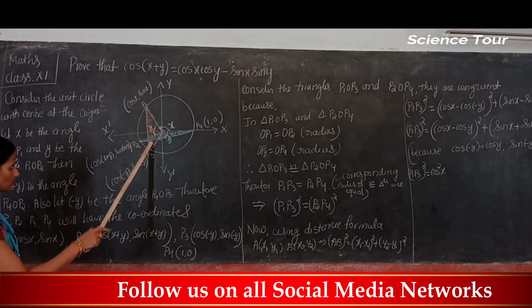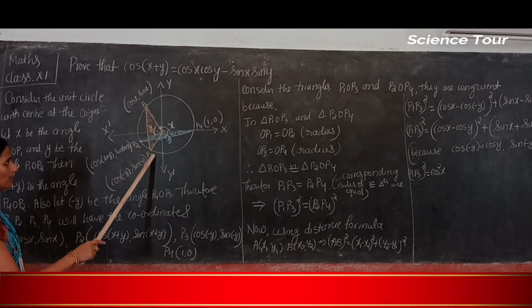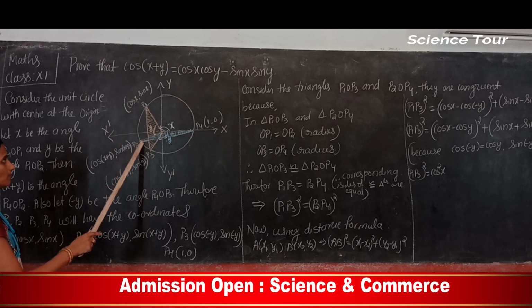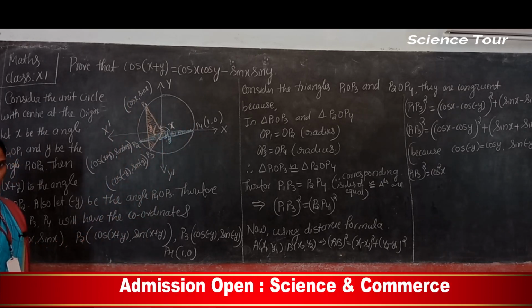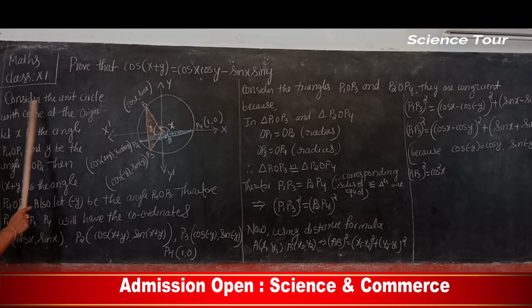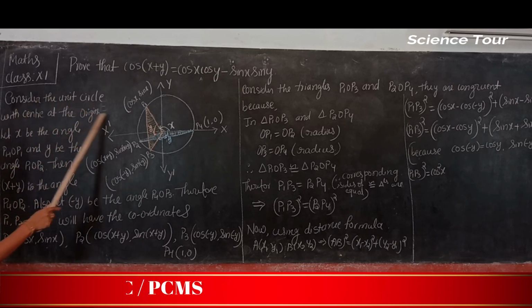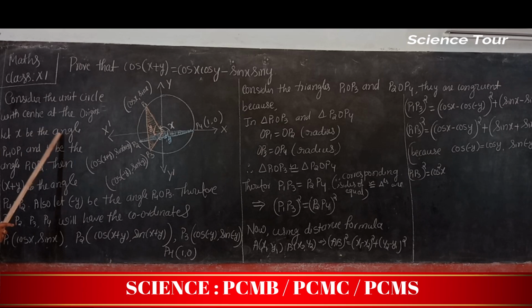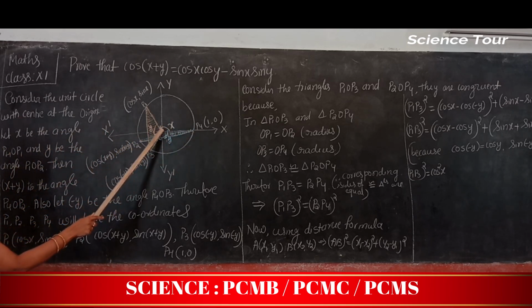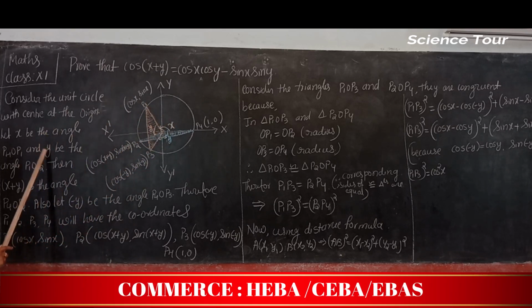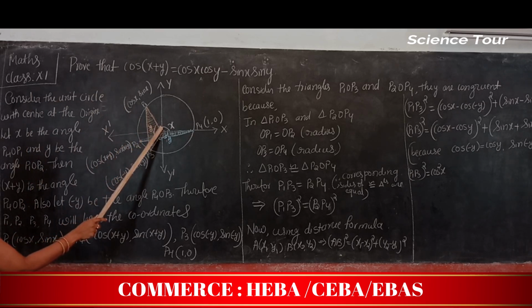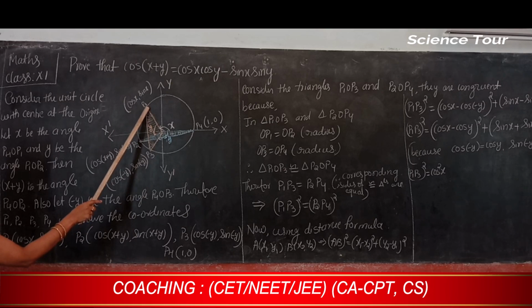So this is the first angle. P1 and P3, these 2 points, P2 and P4, these 2 points. Now consider the unit circle with center at the origin. Let x be the angle P4OP1. So P4OP1, the angle is x. Y be the angle P1OP2. So P1, O, P2 is angle y.